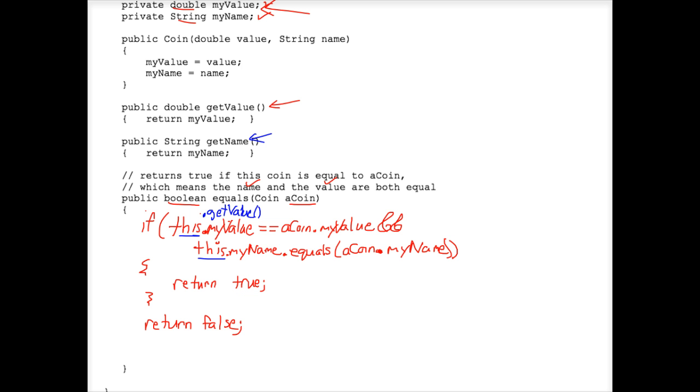Do keep in mind here, or let me point out, that as part of this answer here, we used the equals method, but we were implementing an equals method. Well, this equals is something that you would use in a client program, public static void main String args. And somewhere in a client program, you would have two coin objects, and those two coin objects would, at some point in the code, need to be compared to each other.